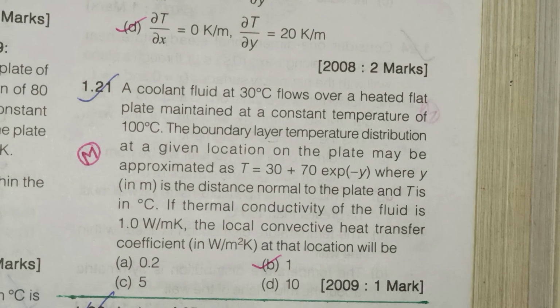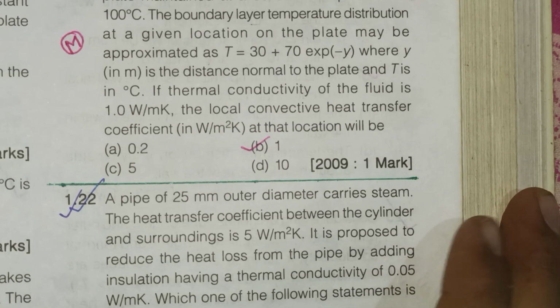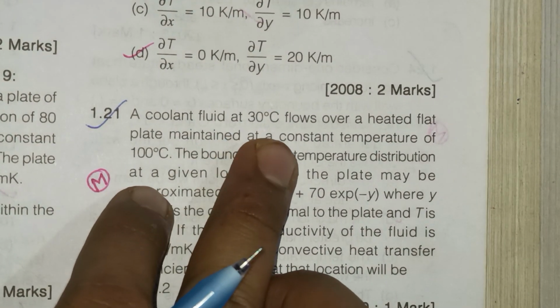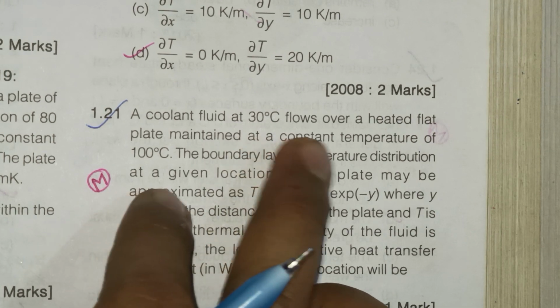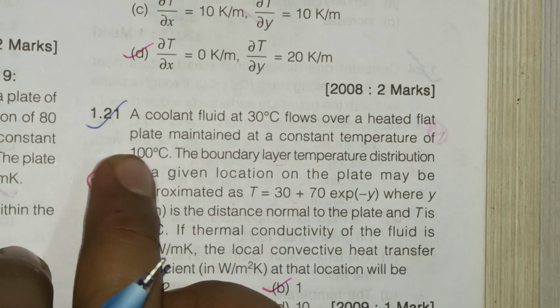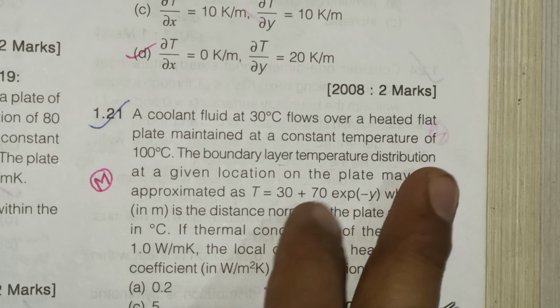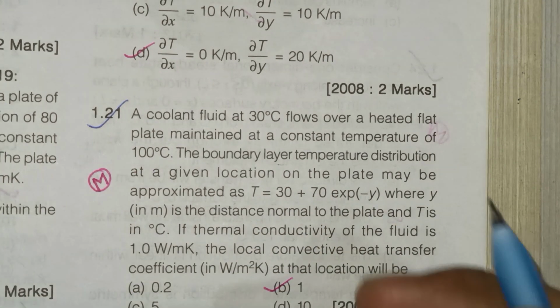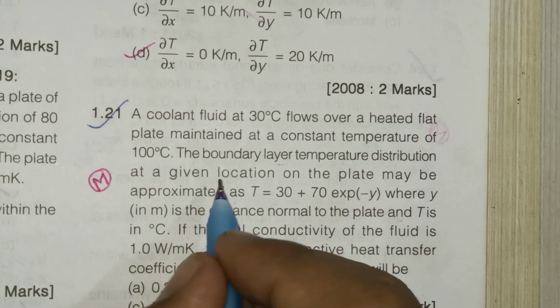Okay. So first of all, what is given in this question? A coolant fluid at 30 degrees Celsius flows over a heated flat plate maintained at a constant temperature of 100 degrees Celsius.